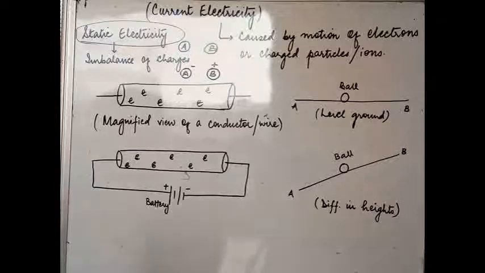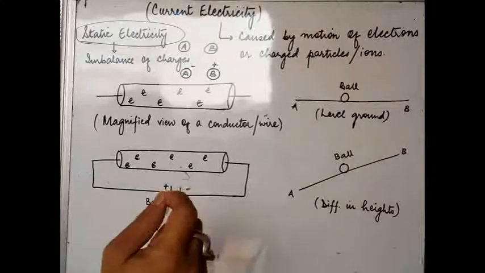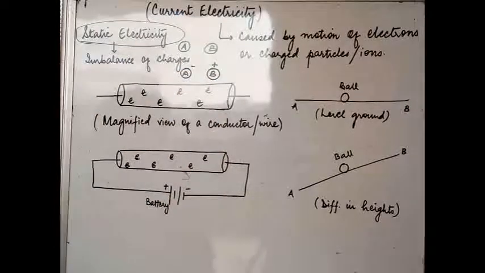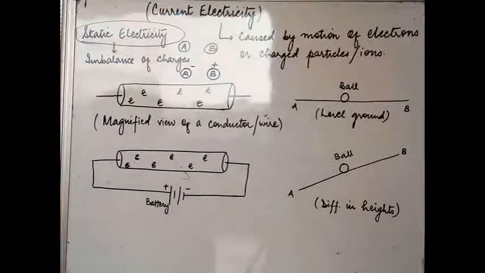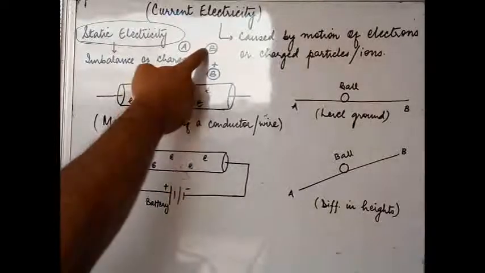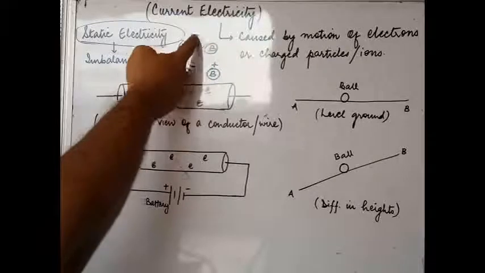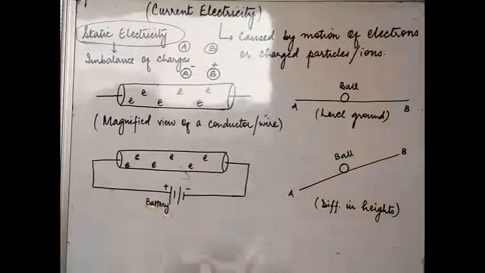So what is the reason why body A has developed a negative charge and body B a positive charge? Essentially, there is no positive charge added. It is just the lack or shortage of electrons. So from body B, some electrons have moved into body A as a result of that rubbing.